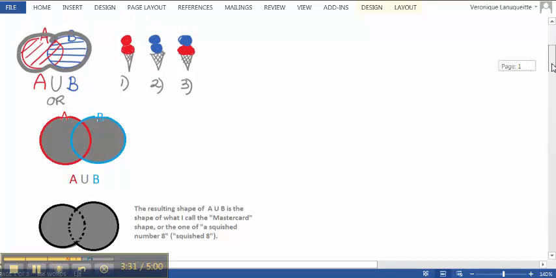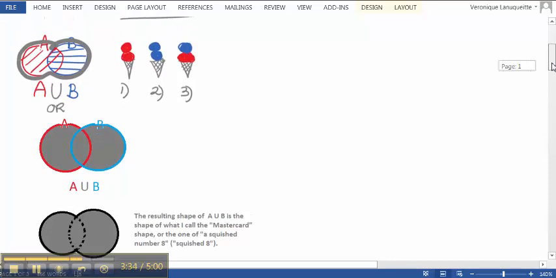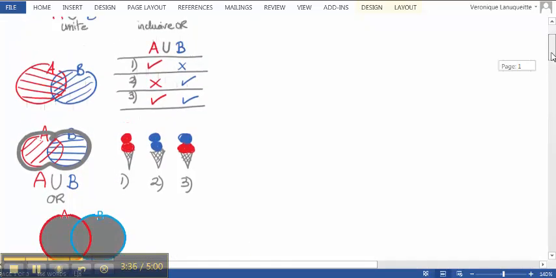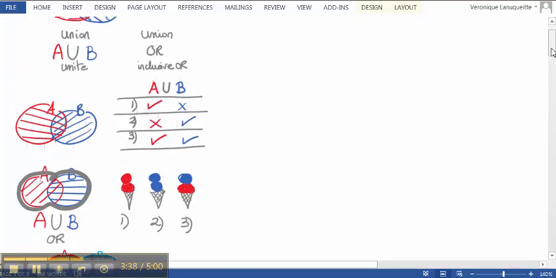Now let me mention a little something to you about the following. When you said that you had the inclusive or for the union, and you were okay with just red, just blue, or both colors, just think about it this way. Let's imagine that I were to give you 2 scoops of ice cream, and the flavors are strawberry, for red, and let's say blueberry for blue.